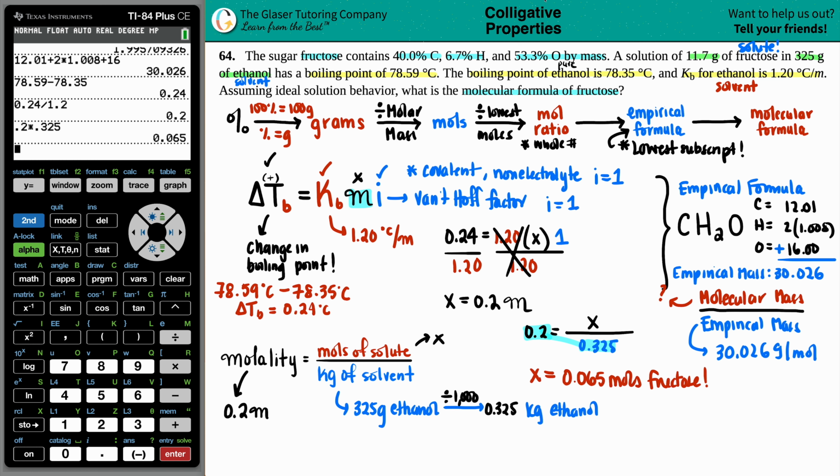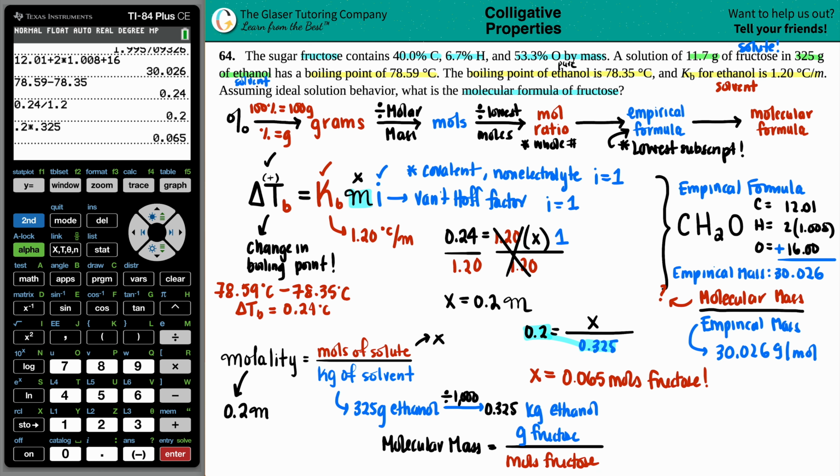And any molecular mass or molar mass will always equal the grams that you have of the substance divided by the moles. Now in this case, we still want to find out the molecular mass of the fructose, right? So it would be the grams of the fructose divided by the moles of the fructose.